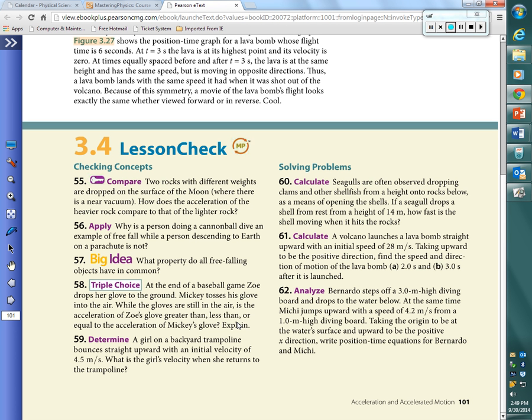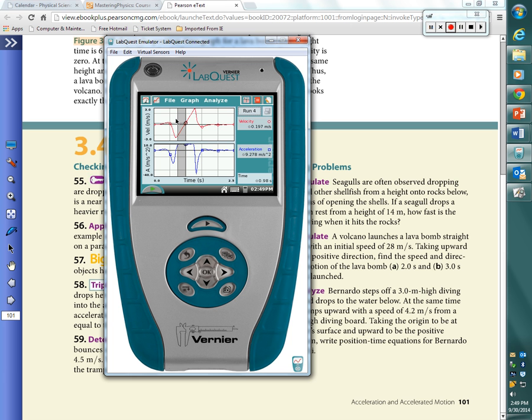The chart that we filled in yesterday on your lab, we took the velocity at 3 separate points along the flight of the ball, right? We took the velocity here, here, and here, right?